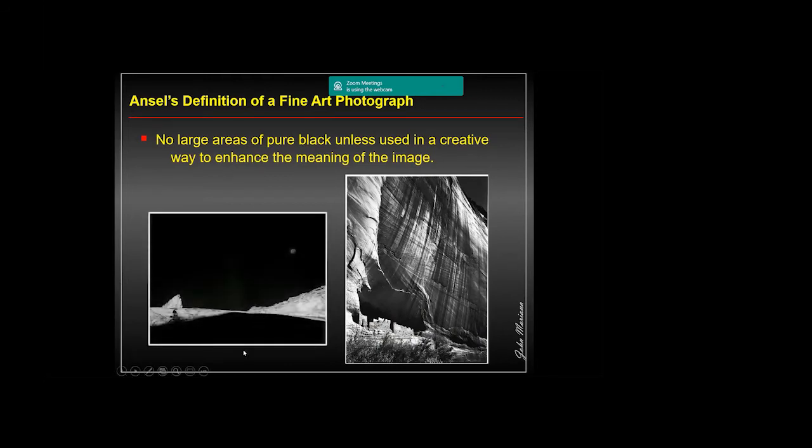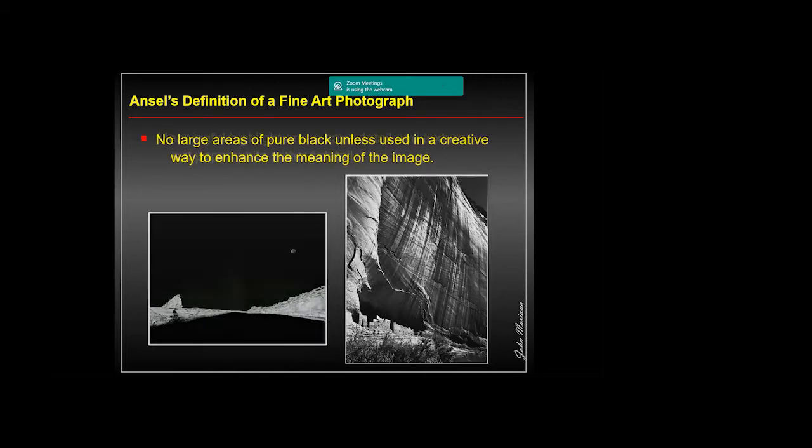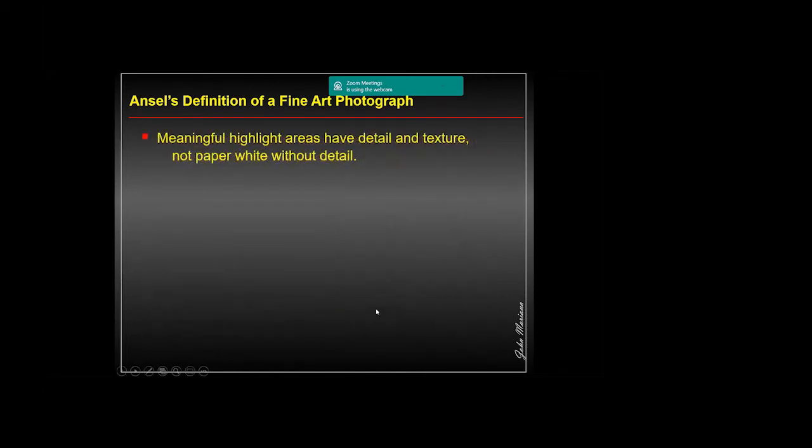Well, this on the left is one of Ansel's prints, and he is using it as a creative way to express this scene. And the viewer is not expecting to see detail in the shadows. But that is not the case with White House ruins. So yes, he used black and he used it in very creative ways.